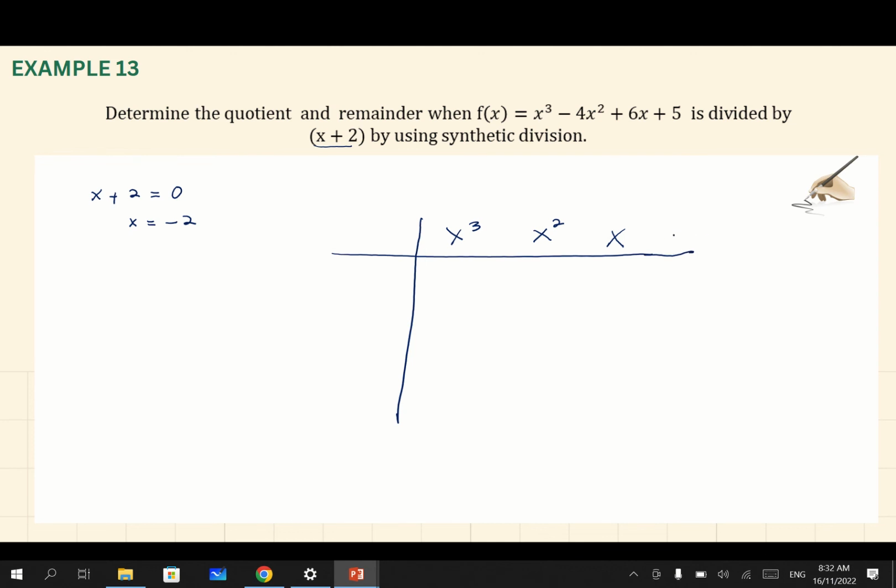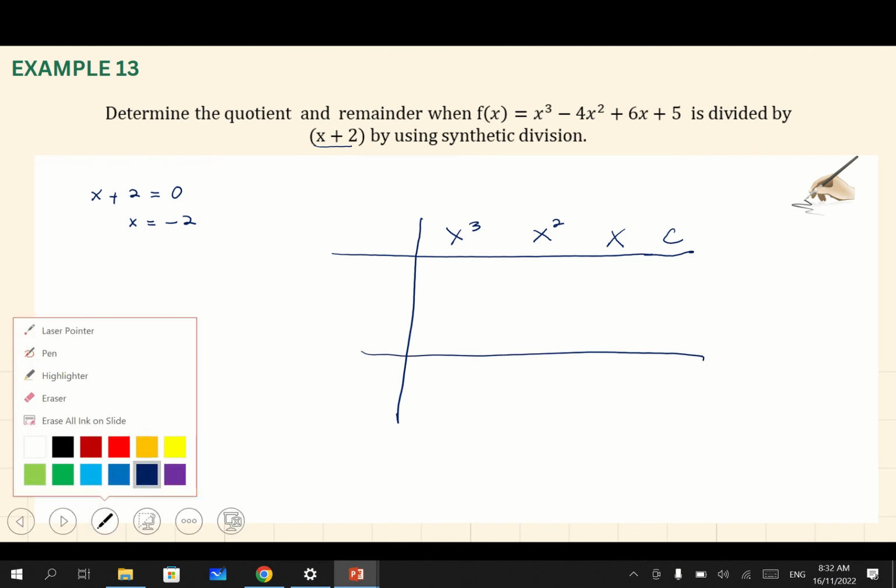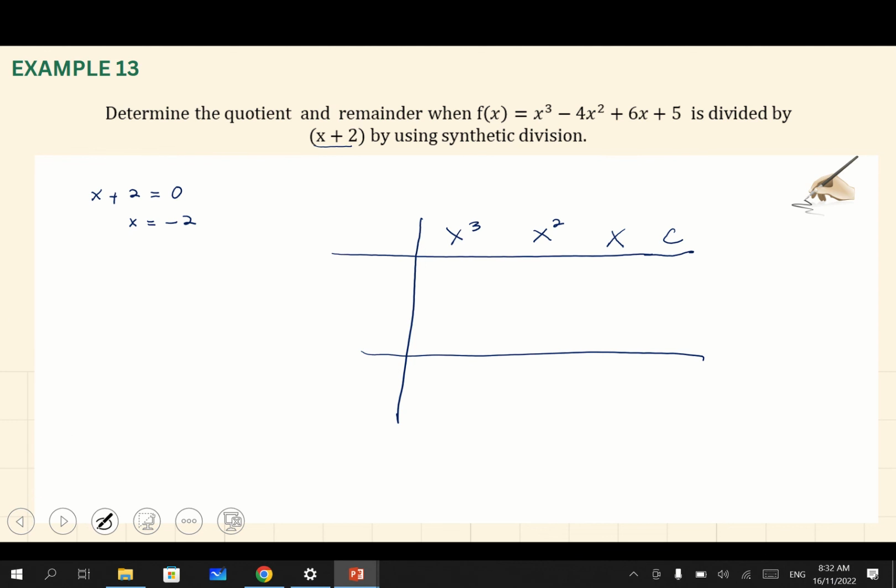Then kita substitutekan lah. We substitute the numbers. So x kuasa 3 kita letak kat sini. X kuasa 3 coefficient dia 1. X kuasa 2 dekat sini negative 4. And x is 6x, so tulis 6. Constant is number 5 lah.